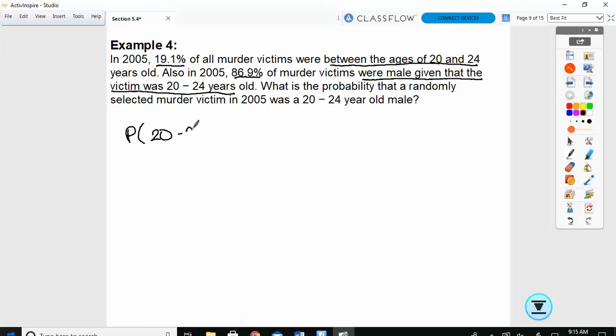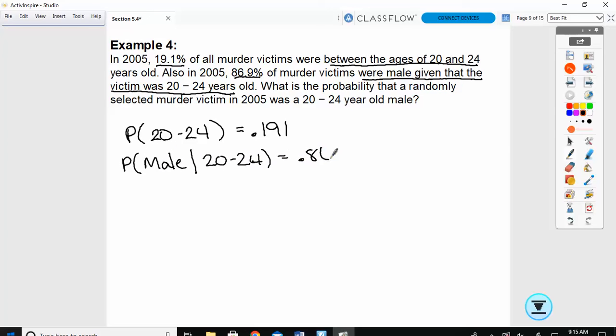The probability they are between 20 to 24 is 0.191. The probability of being a male given they are 20 to 24 is 0.869.